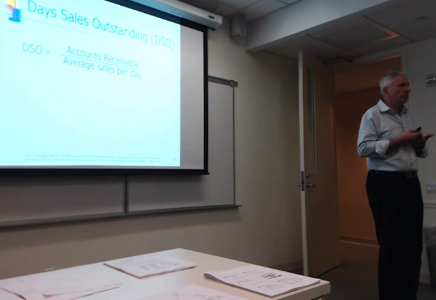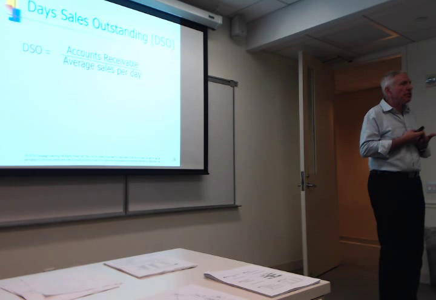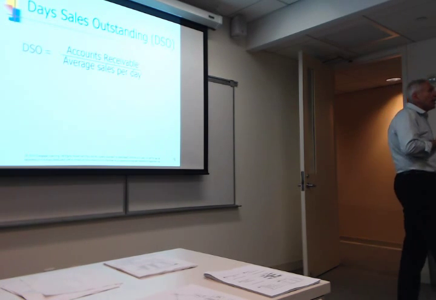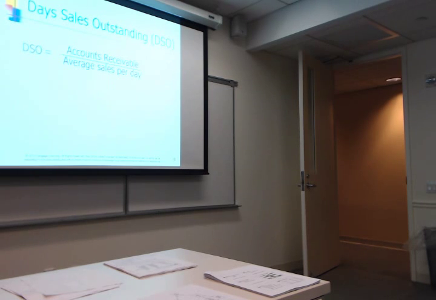Every invoice has what? Payment terms, right? Your credit card statement, when it comes in, what does it say? Due date, right? Okay? So every invoice has a due date.